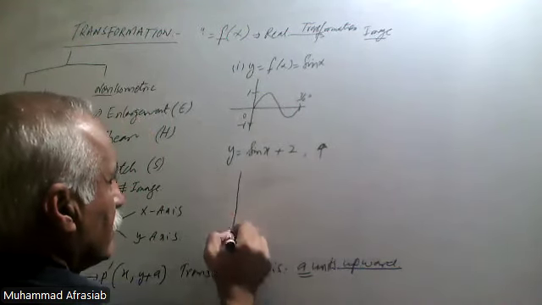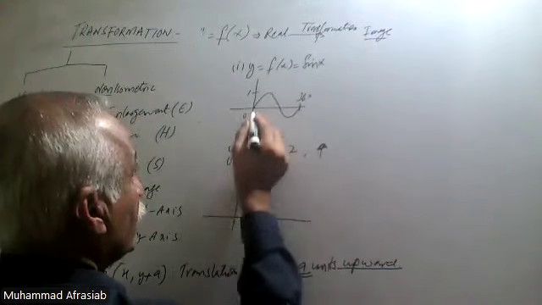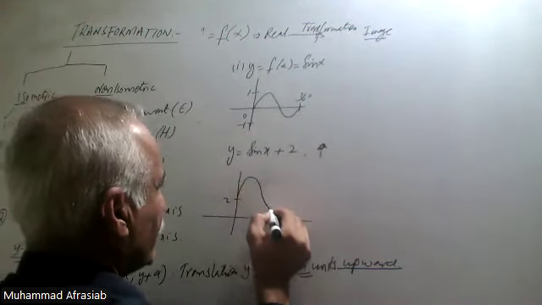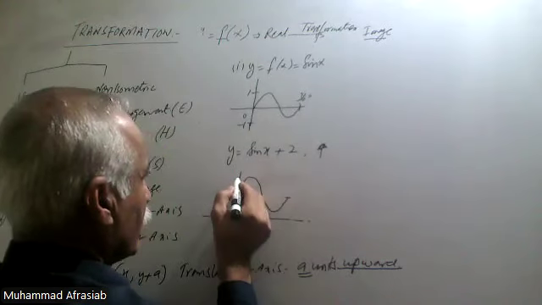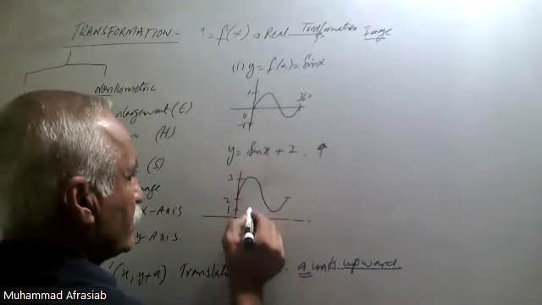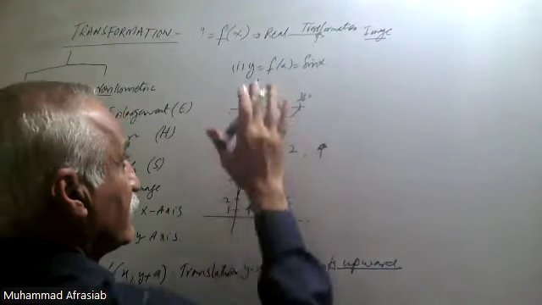So this 0 value will become 2 and 1 value will become 3. So this will be 0 to 3 and 1. So 2 units, this graph is being translated upward.